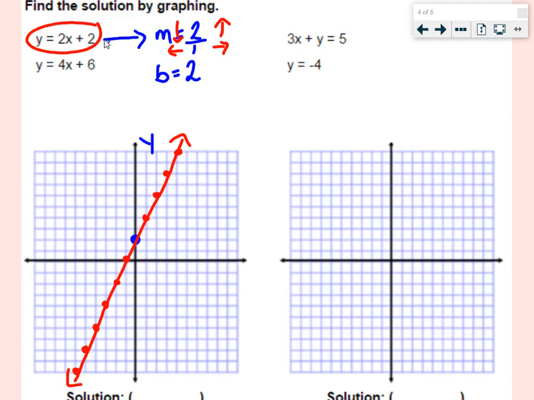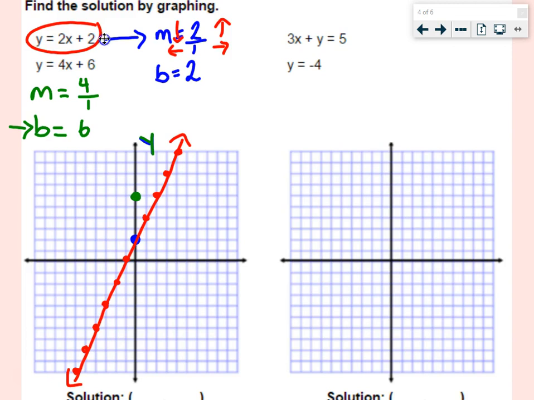For the next one, again, we need to identify our slope and our y-intercept. Slope is 4, y-intercept is 6. Put a 1 underneath our slope. Start with your y-intercept. Go to your y-axis, go to 6. Put a point there.